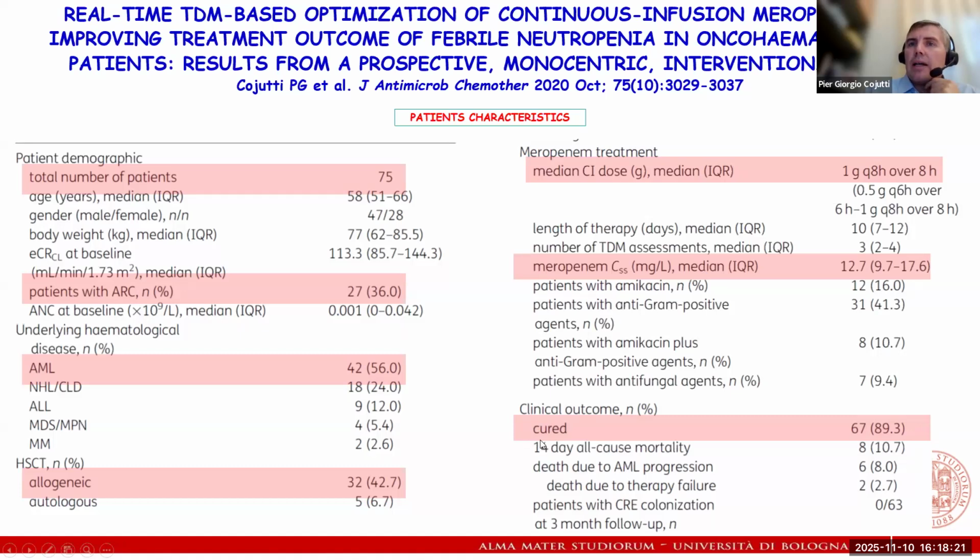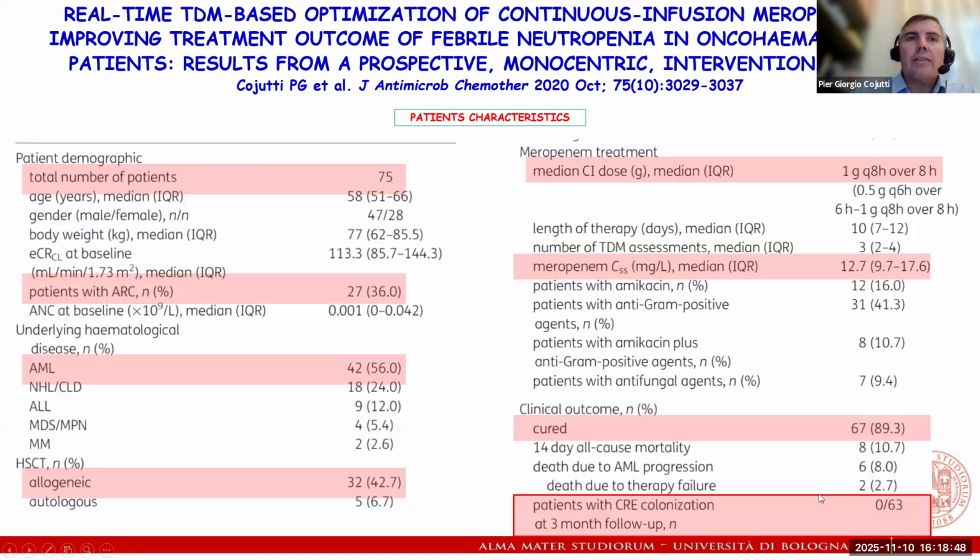We observed a cure rate of 89%, but the most interesting thing is that we observed after meropenem treatment that no patient remained colonized by carbapenem-resistant Enterobacterales. So the colonization after treatment was equal to 0.